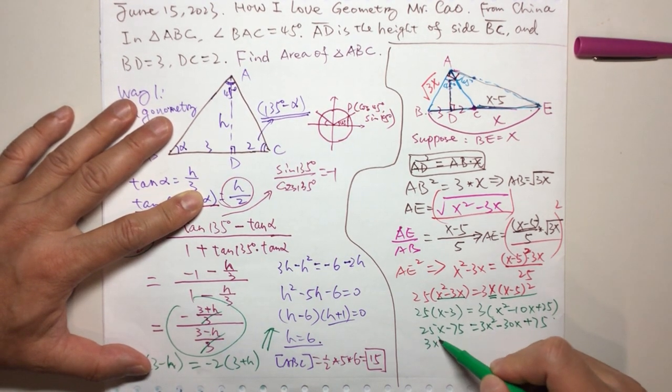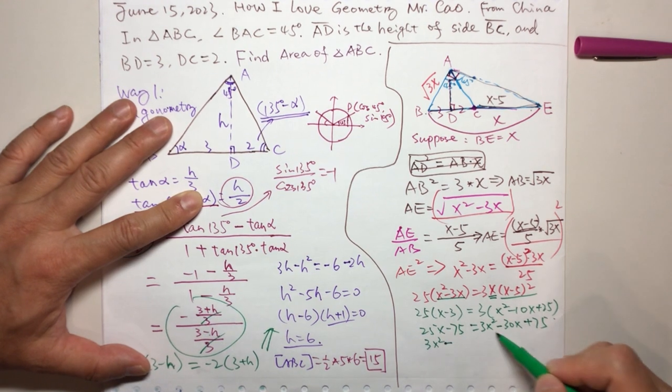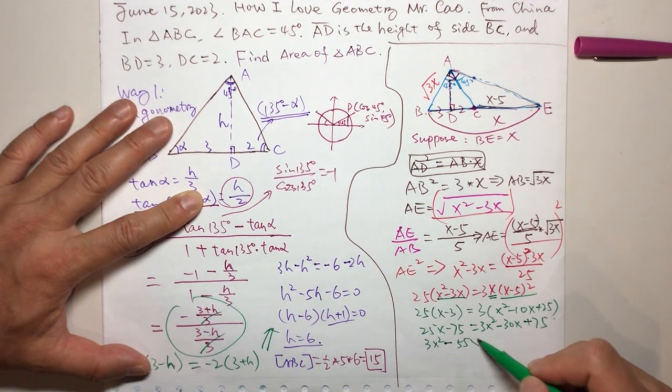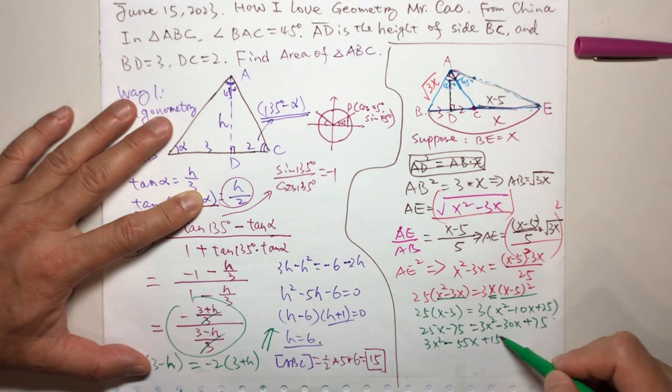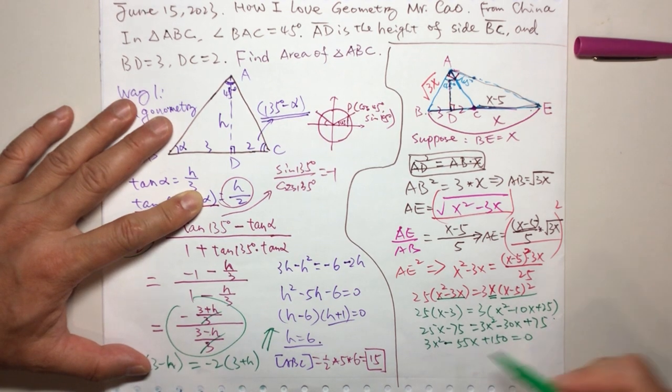So 3x squared minus 55x plus 150 equals 0.